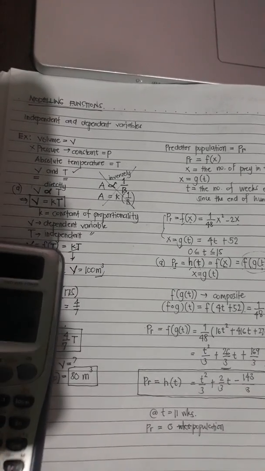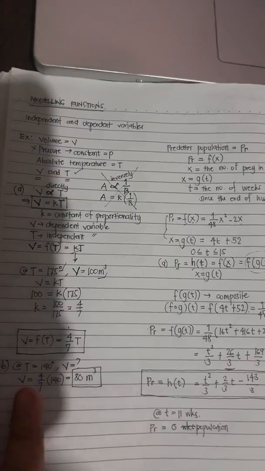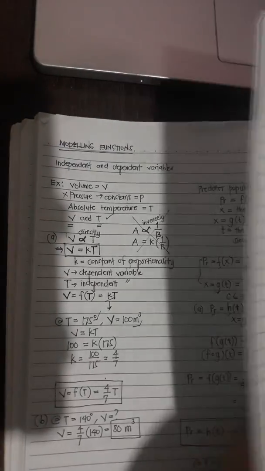Okay, we will now proceed to the next problem. Next example for modeling functions. Okay, so next is, you have here, a cardboard box manufacturer wishes to make open boxes from rectangular pieces of cardboard with dimensions 10 inches by 17 inches.